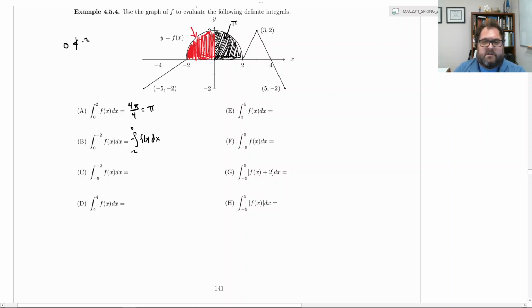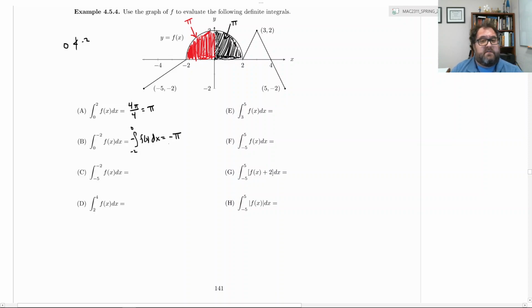And again, by symmetry, there's no reason to reinvent the wheel here. That also has a definite integral of pi, an area of pi. Well, area is equal to the definite integral because these regions are both non-negative. But remember, as far as our answer is concerned, we have a negative sign out front, so this is going to be negative pi.